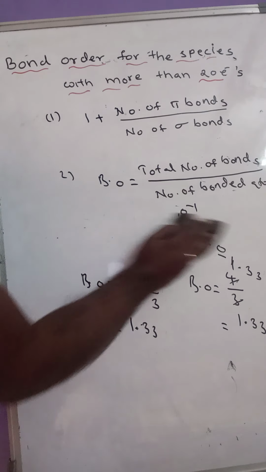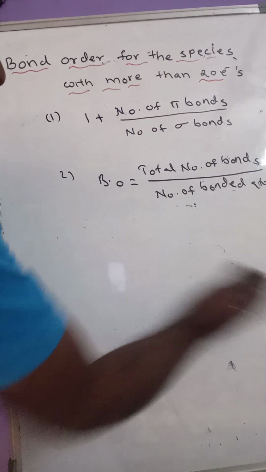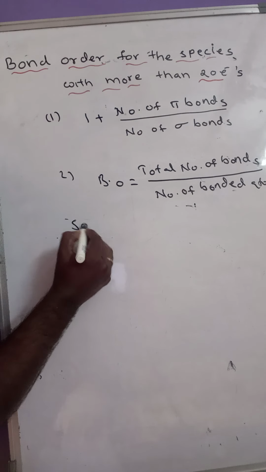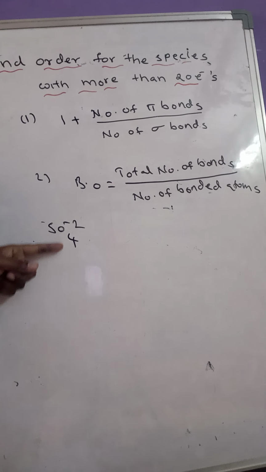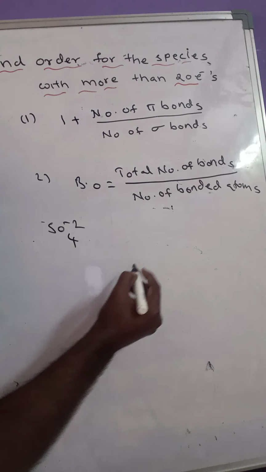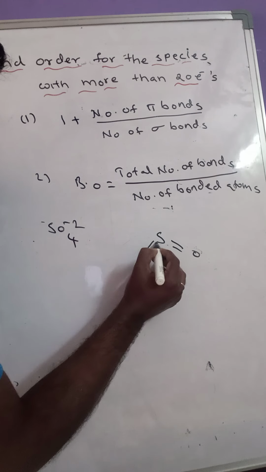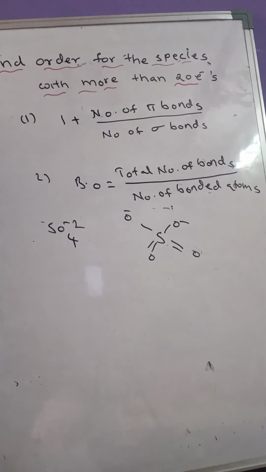Let us go for the third example, with which you can get clarity. The third example is SO4 2-. First let us see the structure of SO4 2-: sulfur, a double bond to O, and O minus and O minus.